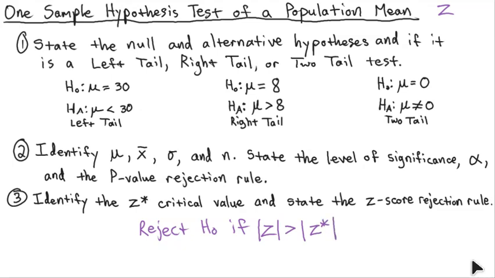So we're going to take the positive version of z and the positive version of the critical value, and we're going to use the greater than. So if the positive z is greater than the positive critical value, then we reject the null hypothesis.